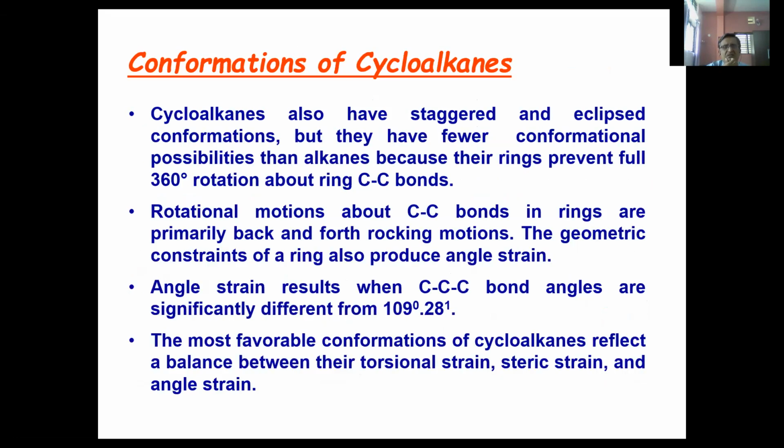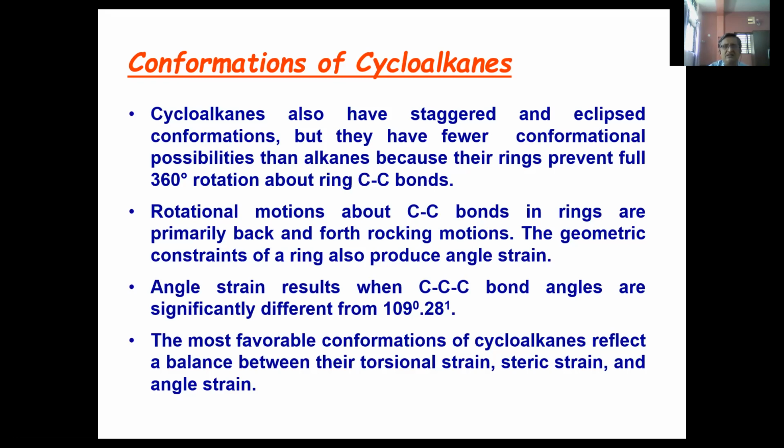These all have planar representations, but they never exist in the planar form. They exist in puckered ring structures. I will discuss Baeyer's strain theory and why they exist in puckered and different orientations.